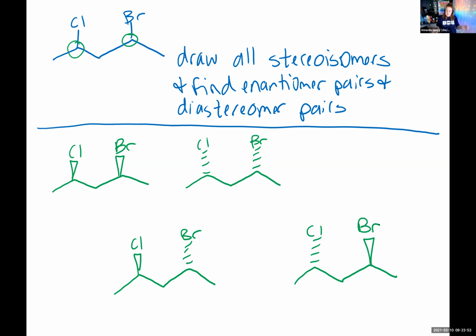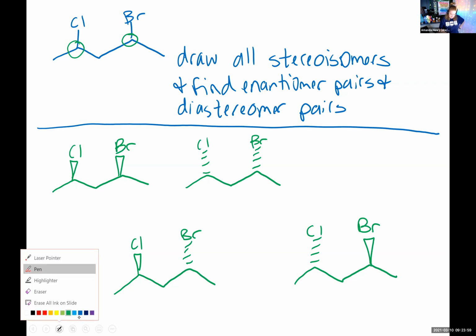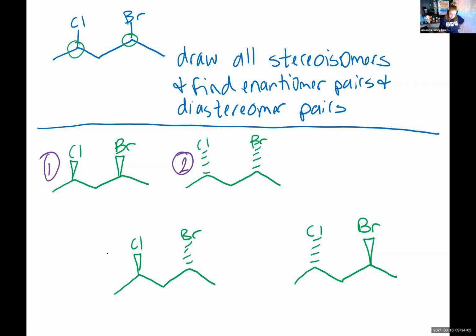Okay. The second half of the question says, find the enantiomeric pairs and the diastereomer pairs. I'm going to give these some numbers just because it makes it easier. Enantiomers are mirror images of each other.